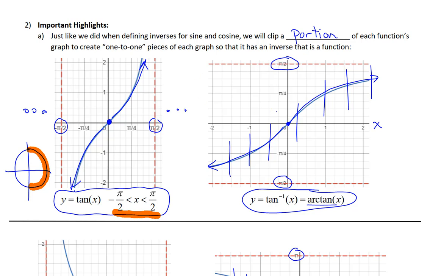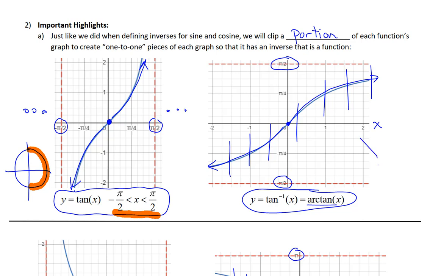If you go all the way back up, you'll notice that was the first function we dealt with, tangent, and we said where we're going to clip or cut it to use a portion that would create an inverse that is a function, and we said, as shown, that we're going to clip it from -π/2 to +π/2. We also said that to create an inverse, you simply switch the x and y coordinates of all the points, which essentially, as you may recall from algebra, switches the domain and the range.